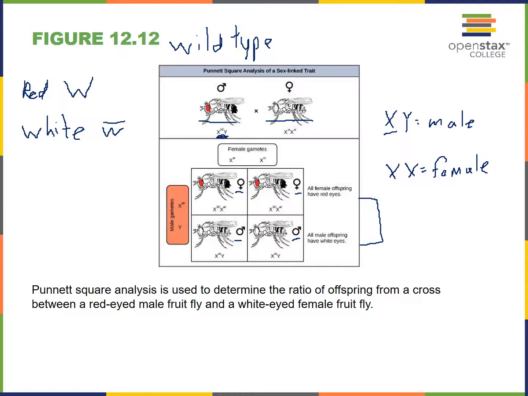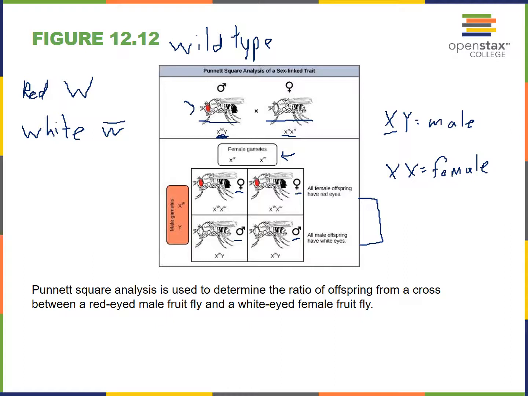Okay, so let's look at the genetics. So your female was homozygous recessive. So she was X little w, X little w. Her possible gametes, you can either have an X little w or an X little w. The male was an XY, and his X was a capital W, and that's why he has the red eyes.